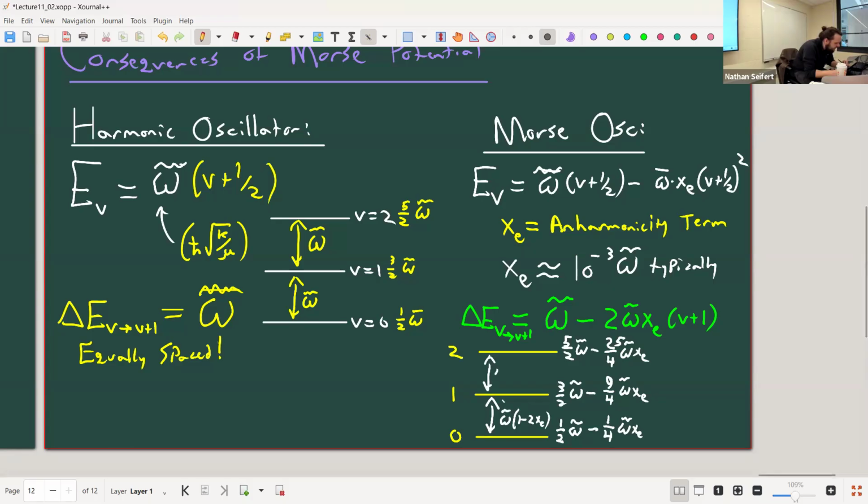And then this spacing is omega (1 minus 4 xe). And so on and so forth. So the energy levels are starting to collapse, collapsing energy levels.